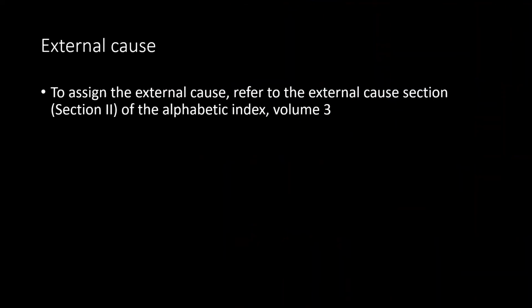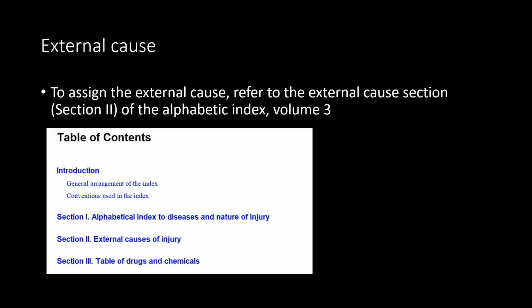To assign the external cause, refer to the external cause section, or Section 2 of the alphabetical index, Volume 3. And here you see the external cause of injury section, which is Section 2 of the alphabetic index.